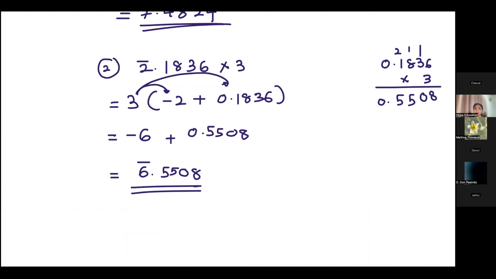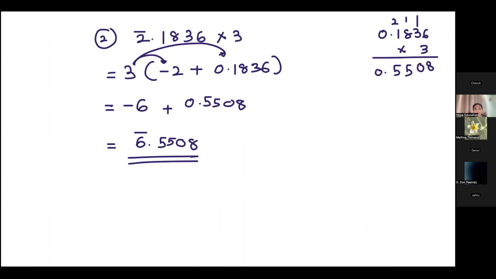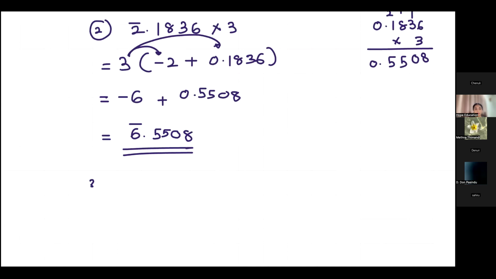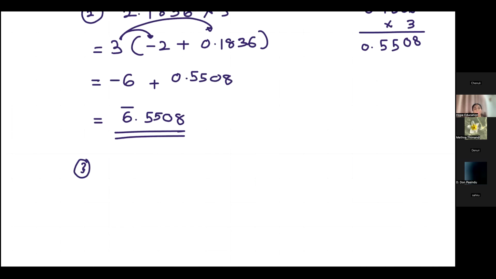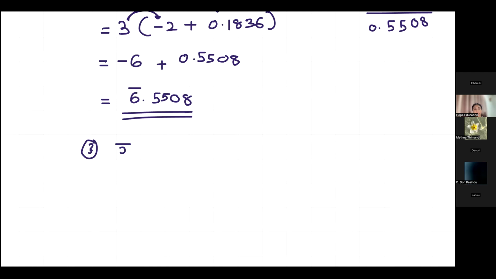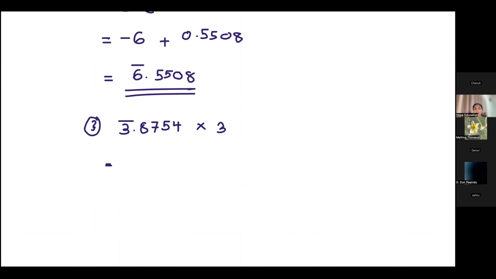Others? Okay, let's discuss one more example. Bar 3.8754 multiplied by, let's say, 3. Now I will separate the characteristic and mantissa. Bar 3 means the characteristic is -3, plus the mantissa is 0.8754.